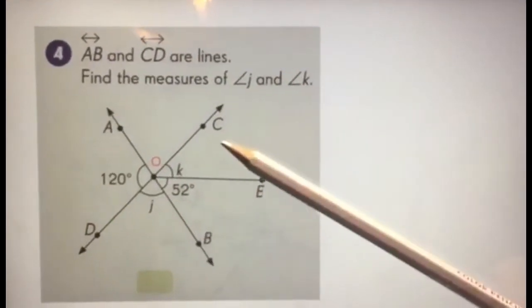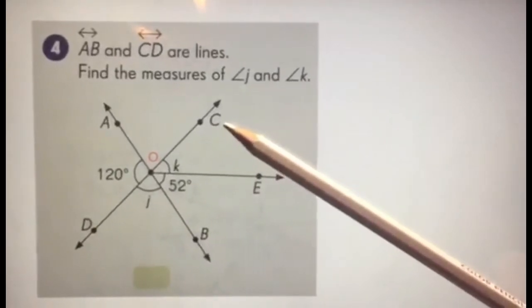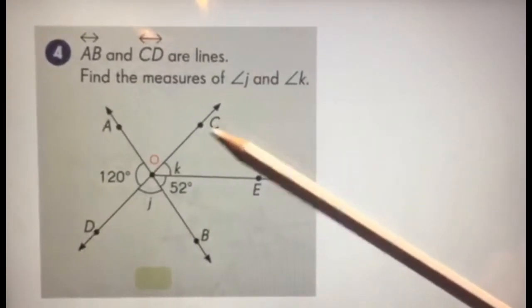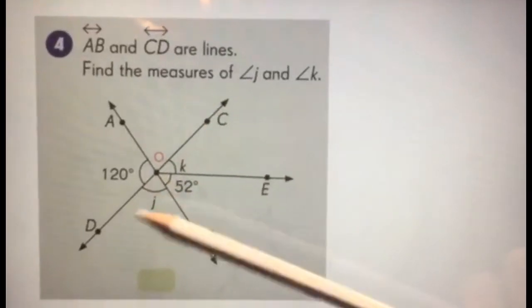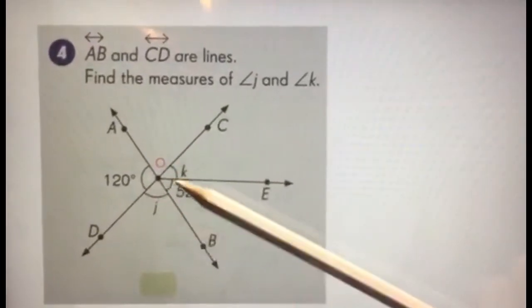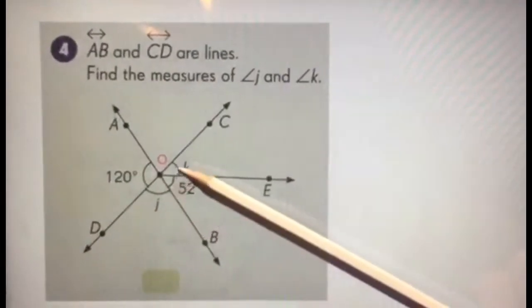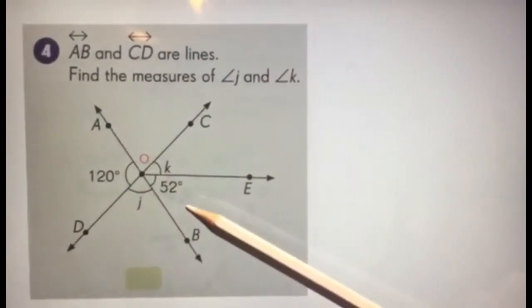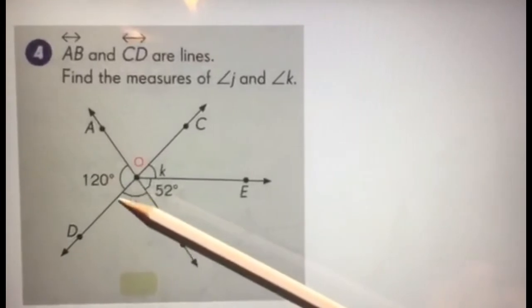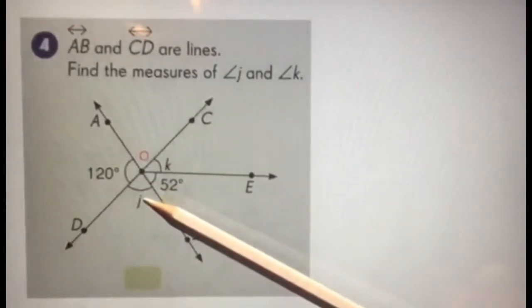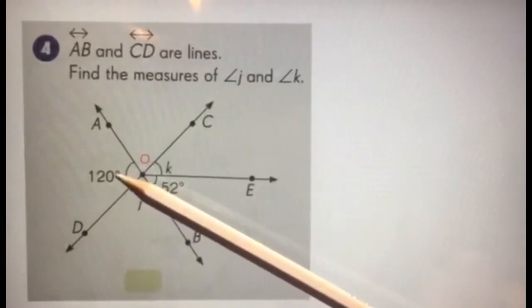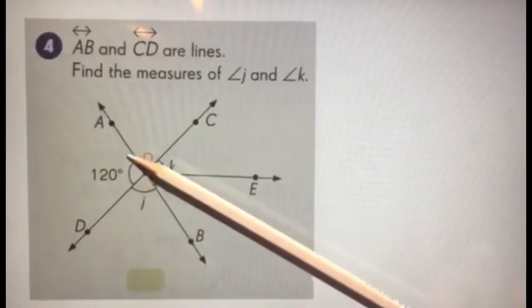Angle J and K. Well, if you observe the figure, there are actually a few ways to find out. But first, since AB is a line, angle AOD and angle J make a pair of angles on a line.